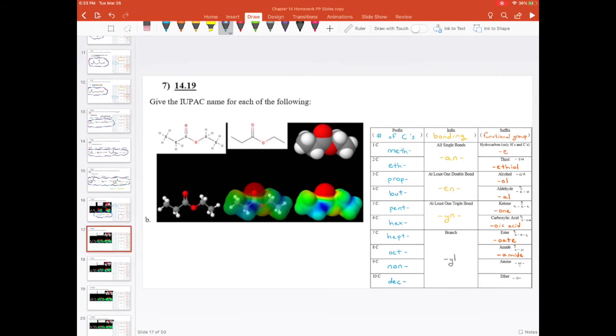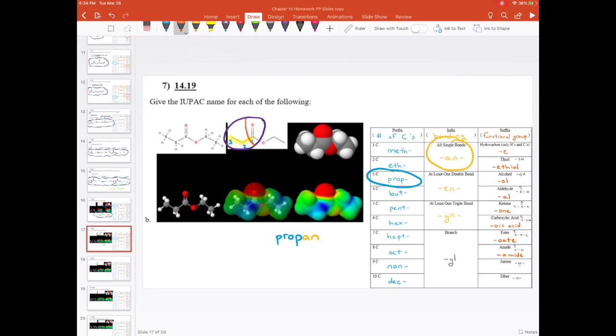Here, we have two carbon chains again. The carbon chain with the double bond is going to be named as the backbone. So in this backbone, we have 1, 2, 3 carbons. So the prefix is going to be prop. Between those carbons, we have all single bonds, and so the infix is going to be AN.